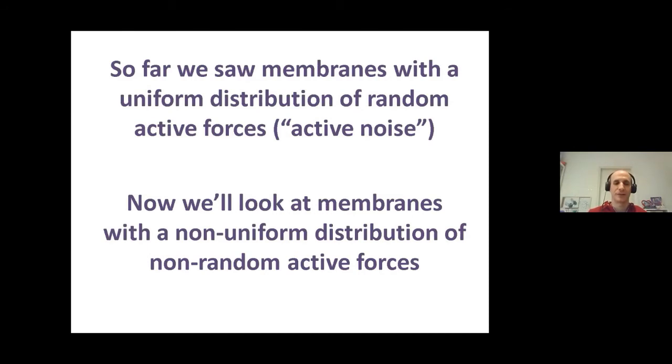They are not fluctuating constantly, even with some typical time scale. They are fluctuating in space. So you have a force at a certain point, and that point on the membrane can move around to a different location. So they are really distributed non-uniformly.